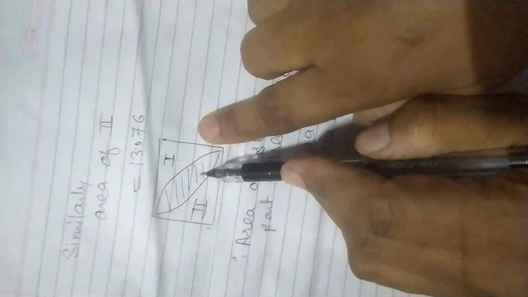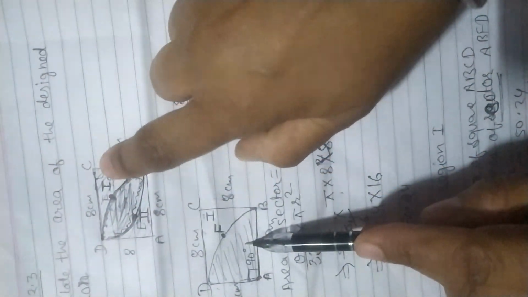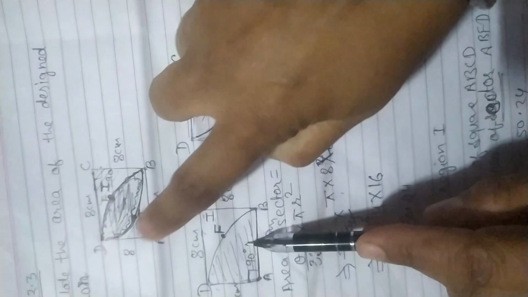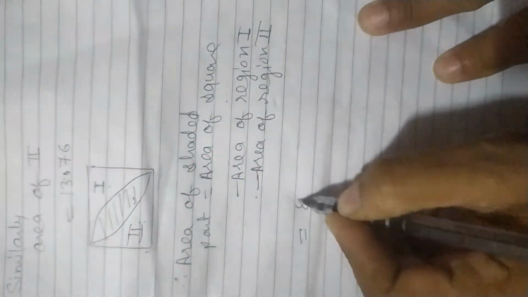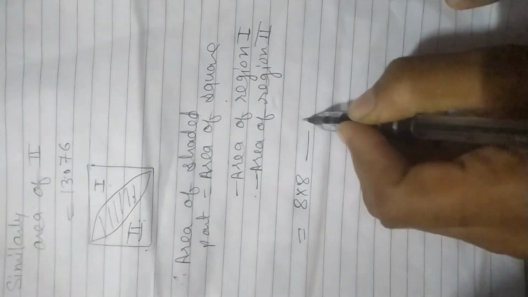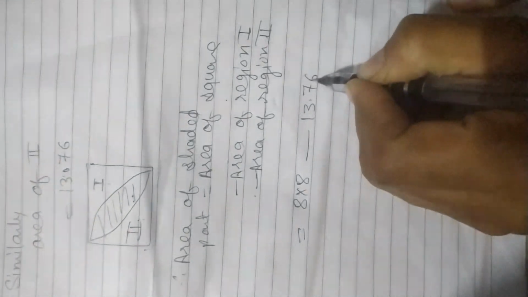See, if you are directly solving it, it will be difficult for you. So it's better if you make these two different drawings. You must have the understanding that these two areas are there, and from the area of the square we are supposed to subtract them. And now it is very easy for you to calculate. Here the area of the square will be 8 into 8, minus region 1, and the same with region 2.